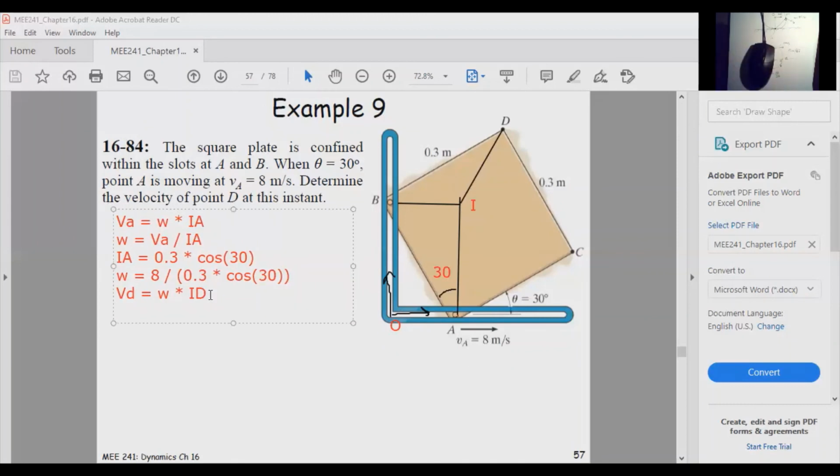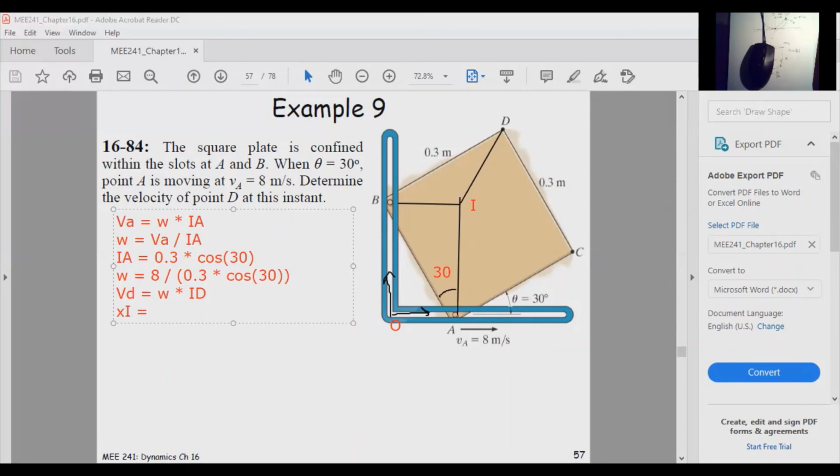So basically what I can do is I can get XI, and then XD, YI, and then YD, and then I can use Pythagorean, right? And then say the length of ID is going to be square root of XD minus XI squared plus YD minus YI squared, based on the frame that I drew.